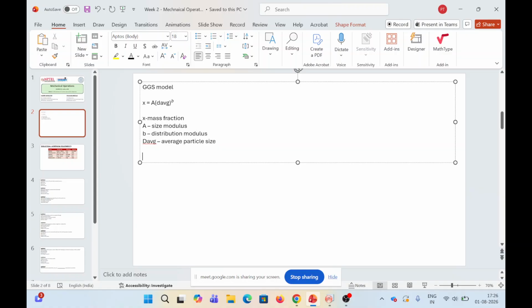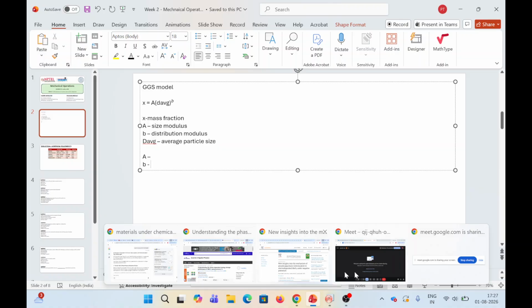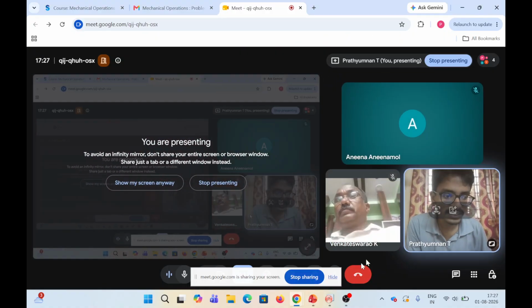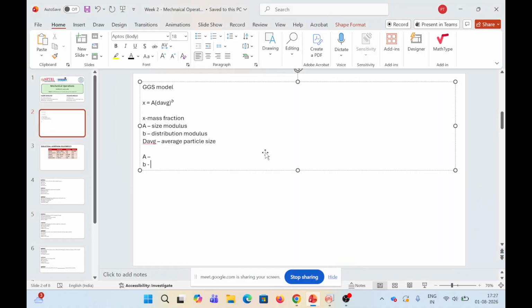Anyone? What is the significance of A and B?